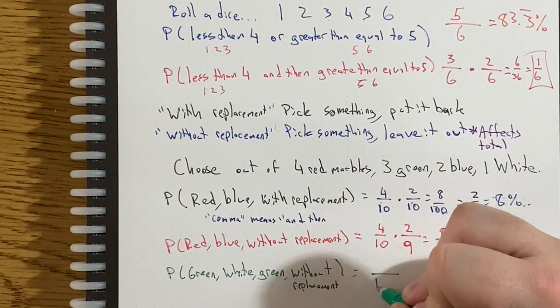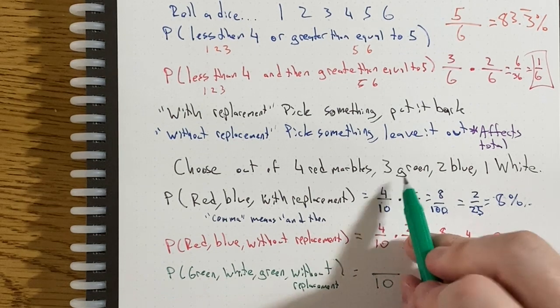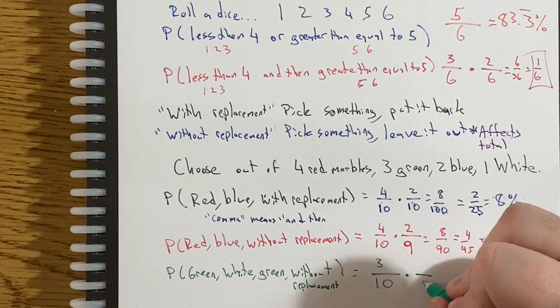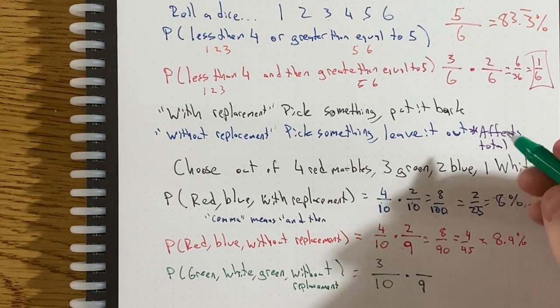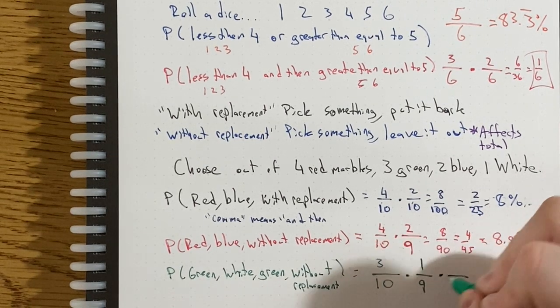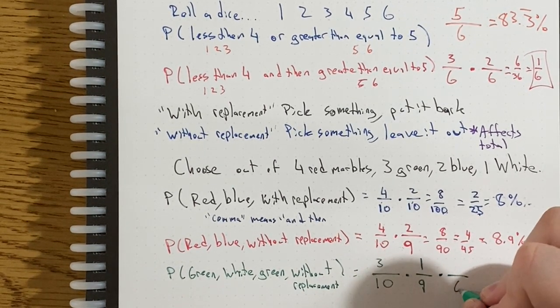So the first one, there's 10 marbles, how many green? 3. Times, how many marbles are there now? 9. How many white are there? 1. Times, there's 2 marbles you set aside now, so now there's 8.